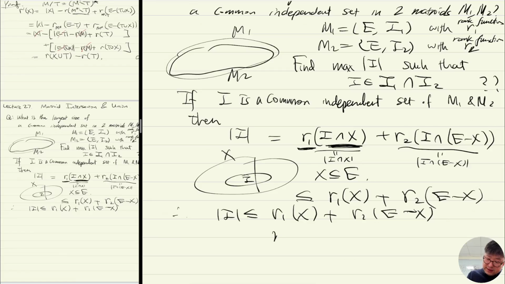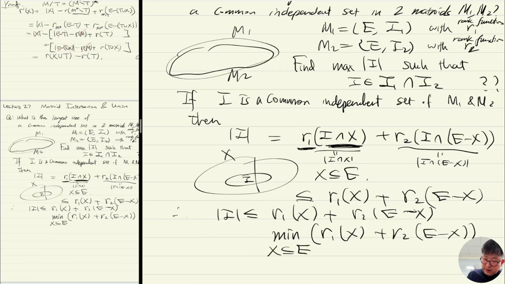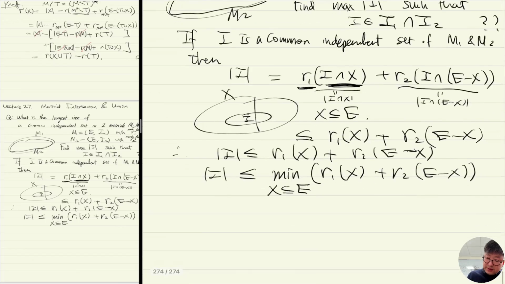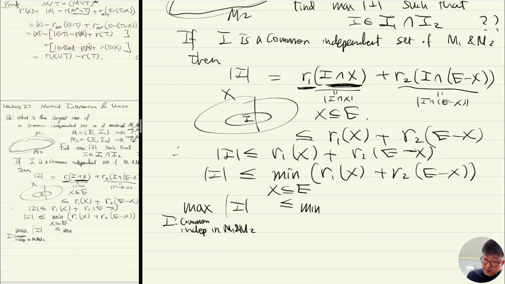Now let's minimize the right hand side over all subsets. Then the maximum size of I, where I is a common independent set in M1 and M2, is less than or equal to the minimum of R1 of X plus R2 of E minus X.